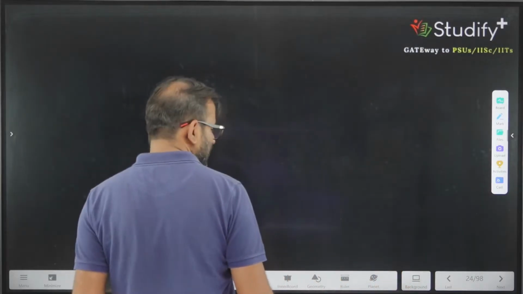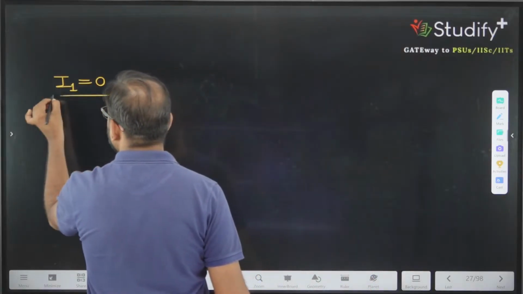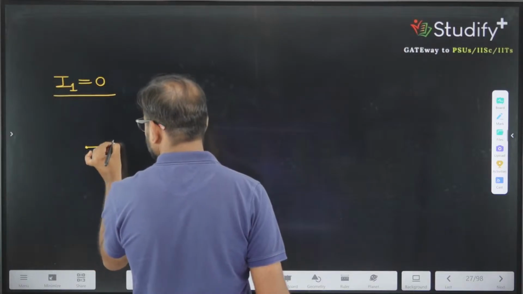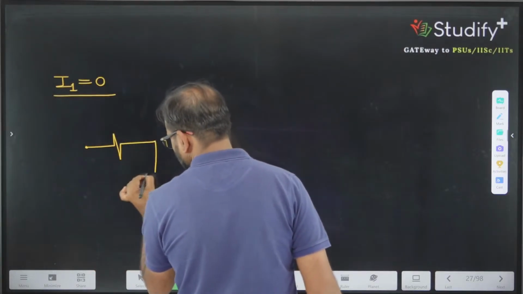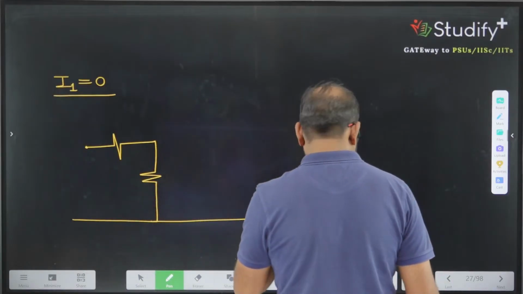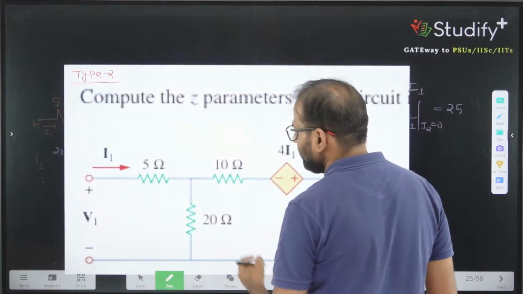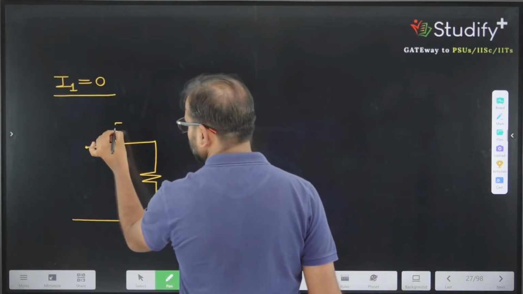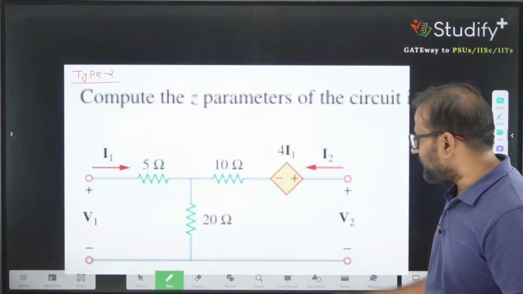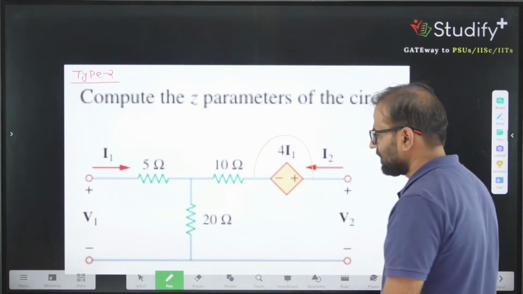So how will your network look when we are making I1 equal to 0? This is your input port, and here this is 5, this is 10. Since I1 is equal to 0, you can replace it by a short circuit.